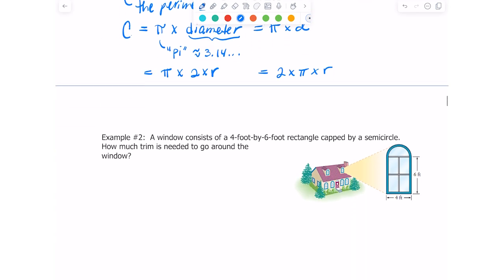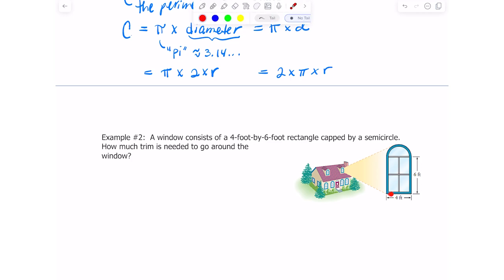Okay, here's an example where we can use our knowledge of circles and perimeter. A window consists of a 4-foot by 6-foot rectangle capped by a semicircle. How much trim is needed to go around the window? Okay, so first let's look at the rectangular portion.